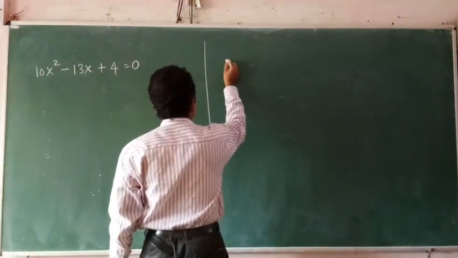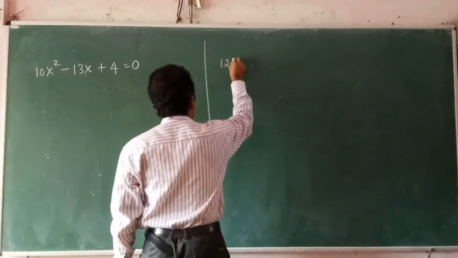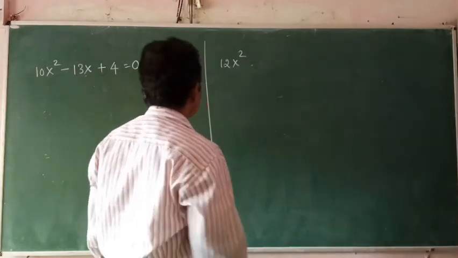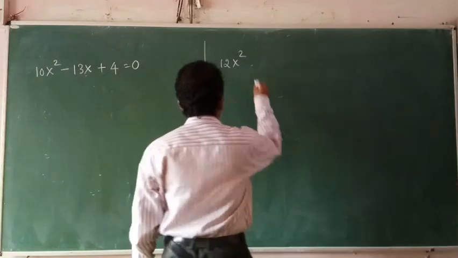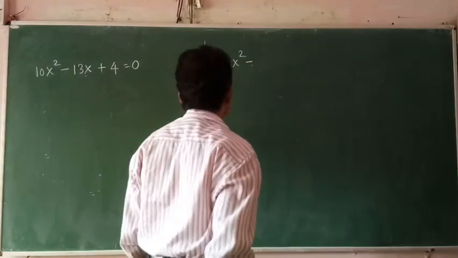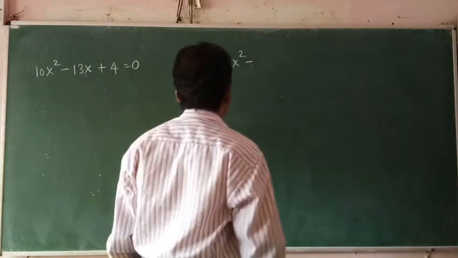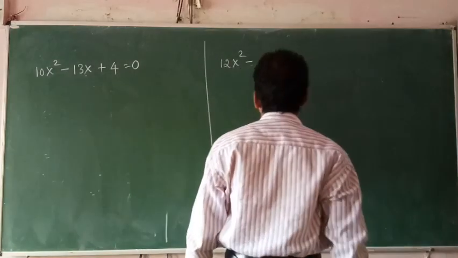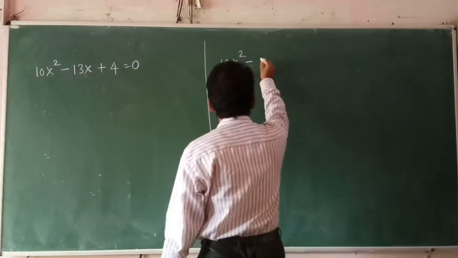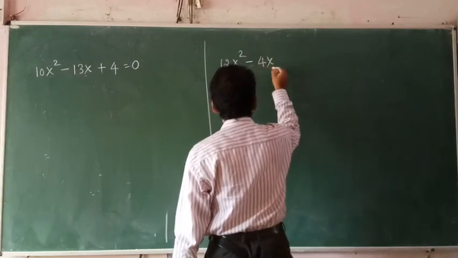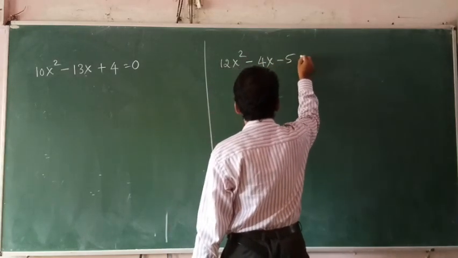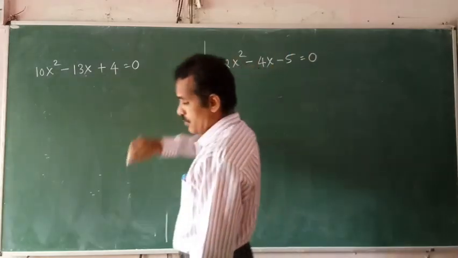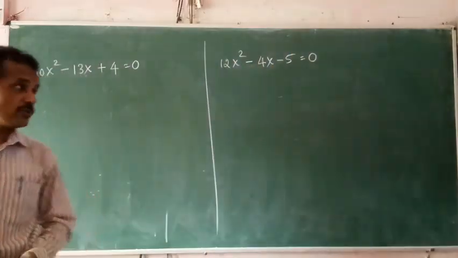It is say 12x square minus 4x minus 5 is equal to 0.